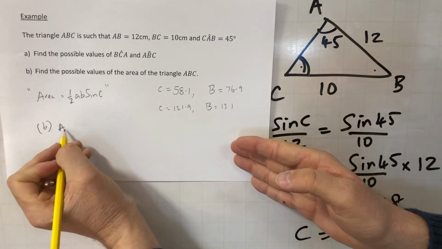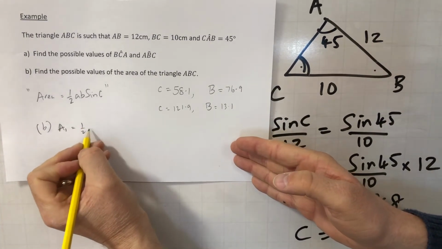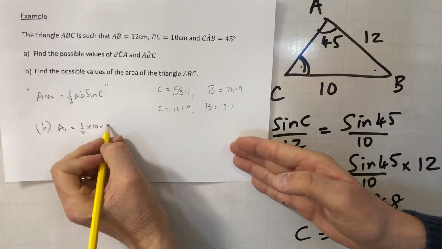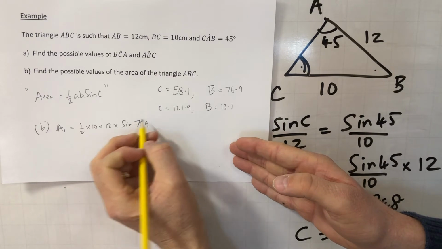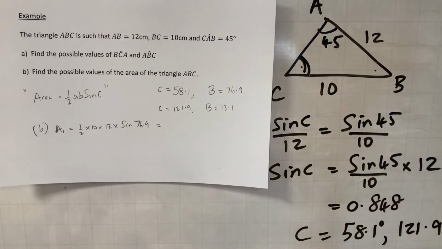So the first area would be a half times 10 times 12 times by the sine of 76.9. Calculator working. Times 10 times 12 times sine of that angle. So that comes out as 58.4.